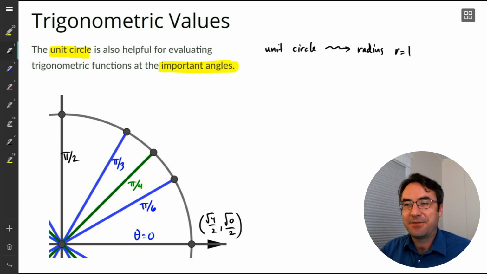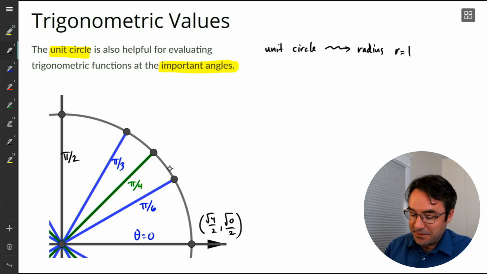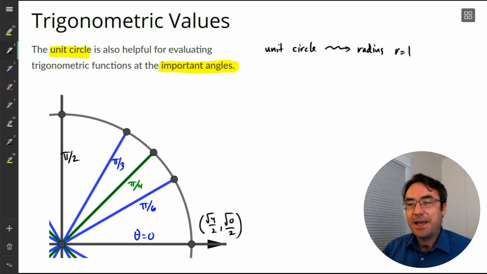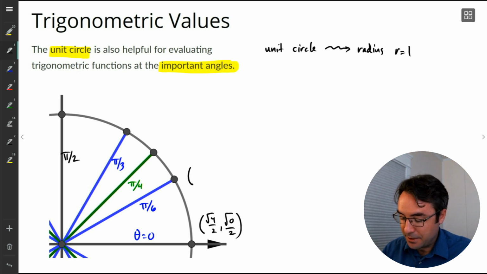So you can tell, not very simplified there. And what we're going to do to get the rest of the values is work our way down with the number inside the square root for the first term. And then for the second term, we're going to work our way up for the number inside the square root. So for instance, the next point here would be square root 3 over 2, comma, square root 1 over 2.